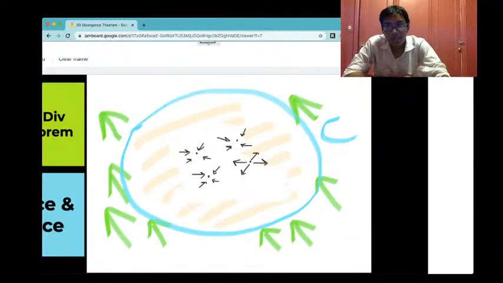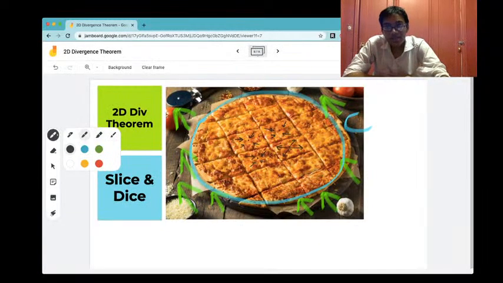Now I'm getting to the crux of the conceptual argument, which is this: if I sum up the divergence of all of these regions, it's going to equal the flux of the actual boundary, so the flux of this region.